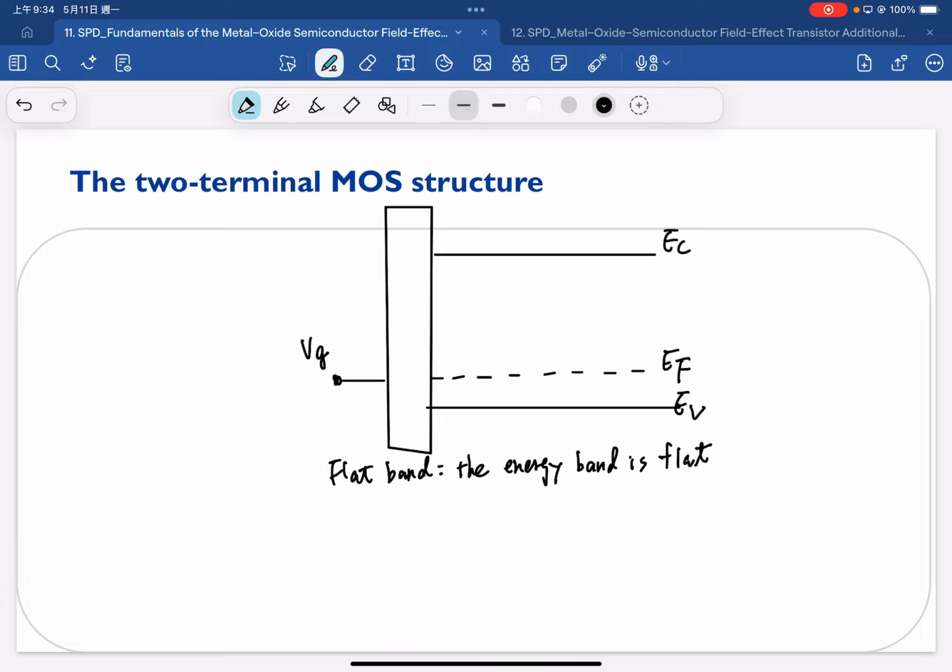So once the energy band is flat, that indicates that no charge exists in the semiconductor.